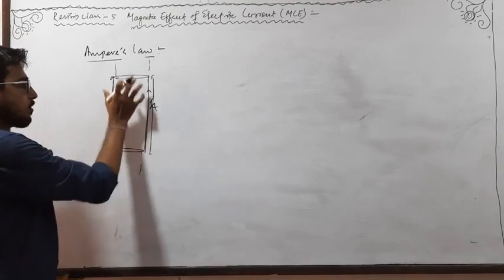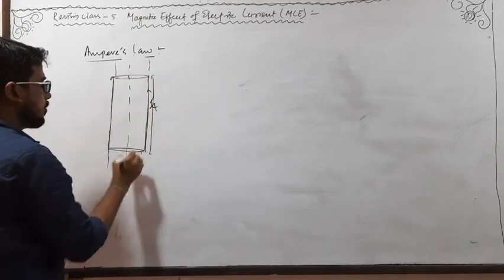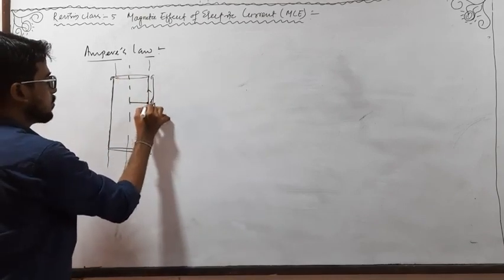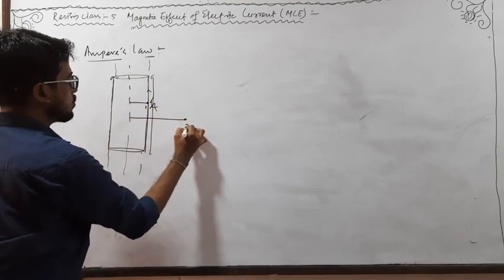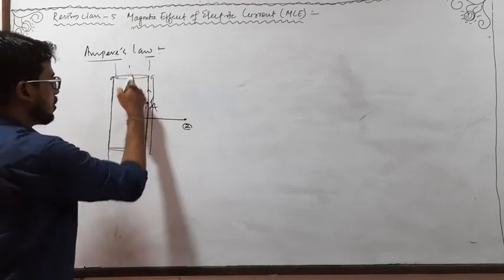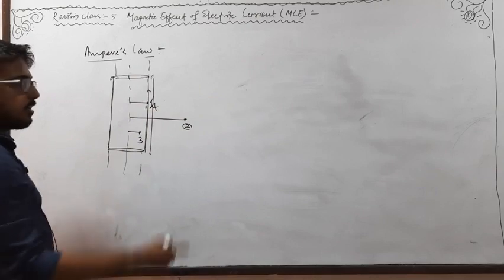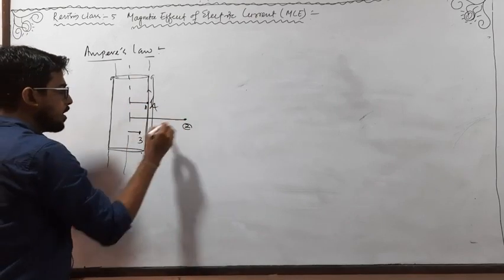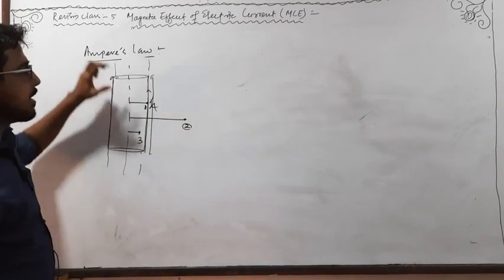So I have to assume 3 points: one on the surface, point 1; another outside the surface, point 2; and another inside the conductor, point 3. For these 3 points, we find the magnetic field strength using Ampere's law.